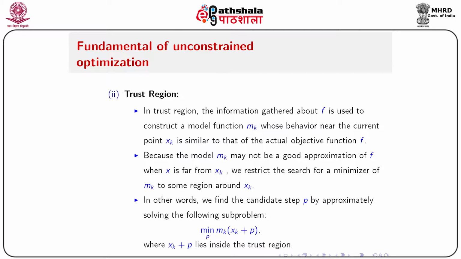Because the model mk may not be a good approximation of f when x is far from xk, we restrict the search for a minimizer of mk to some region around xk. In other words, we find the candidate step p by approximately solving the following subproblem: minimum of mk(xk plus p) over p, where xk plus p lies inside the trust region.